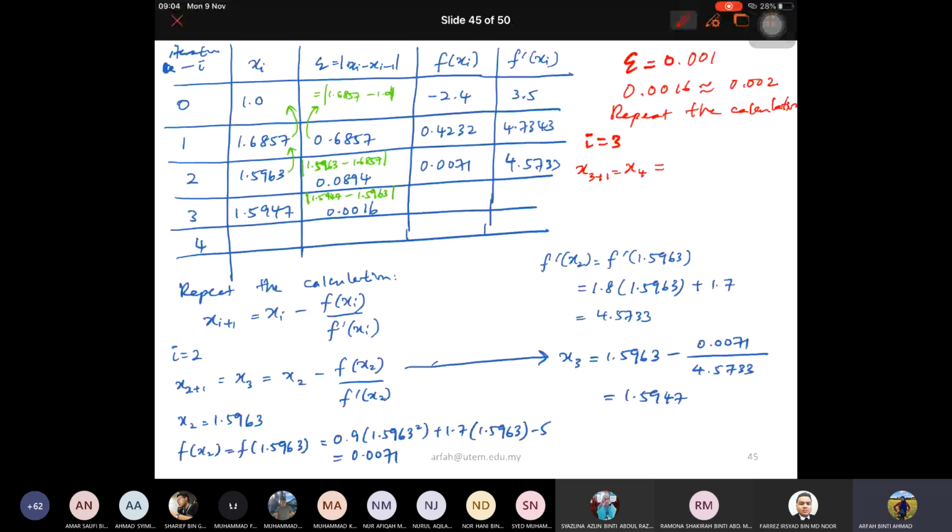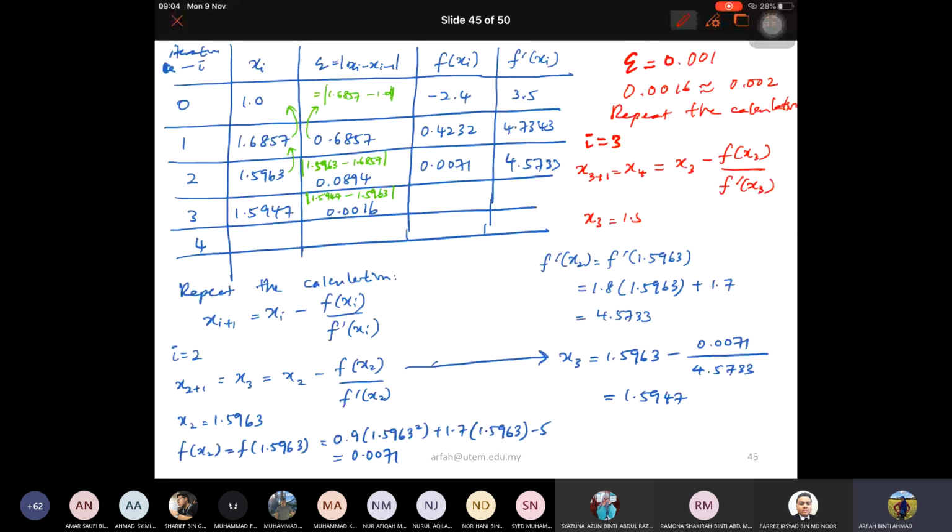So X3 awak tadi kita dah kira 1.5947. So repeat the calculation, dapatkan awak punya f X3 dan juga f prime X3. So masalahnya dekat tiga metode dia menggunakan iteration.